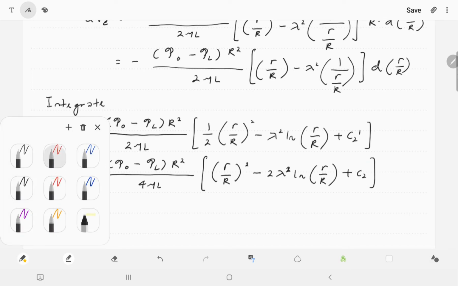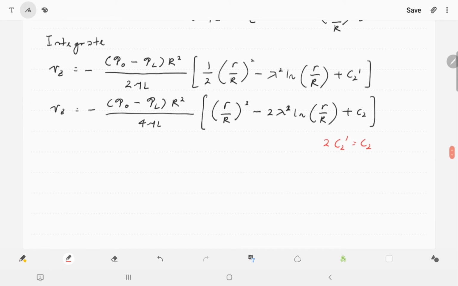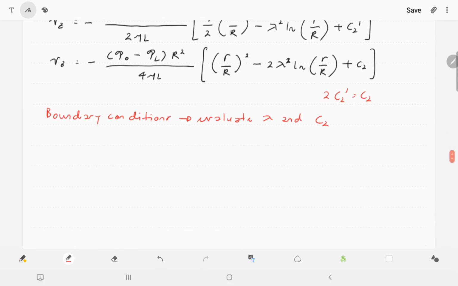Make a note in here that this 2 C2 is equal to C2. Okay, then we have the boundary conditions. These are used to evaluate lambda and C2.